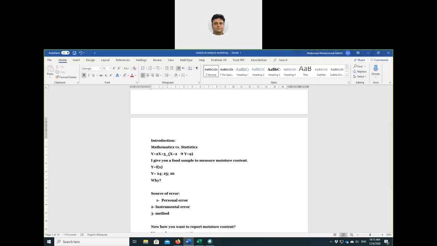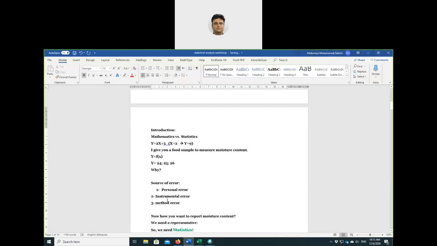So we have three main sources of errors: personal, instrumental, and method. Different methods, different errors, and in combination together, or maybe we have other sources of errors too.